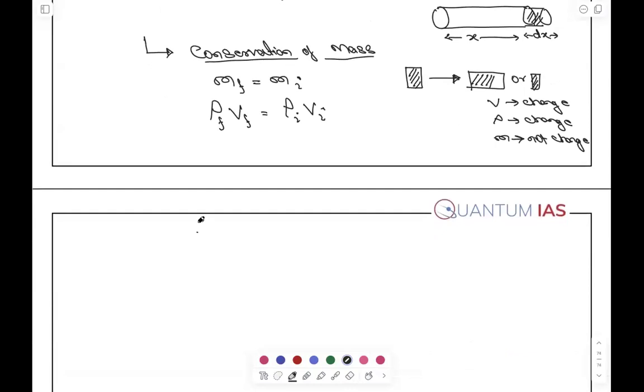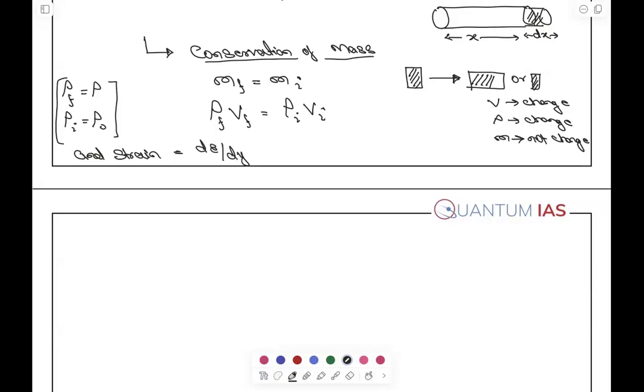So I can write, let's say, rho f is rho and rho initial is rho naught. Okay? Let's do this much first. And let's take one more thing: strain equals d epsilon by dy.